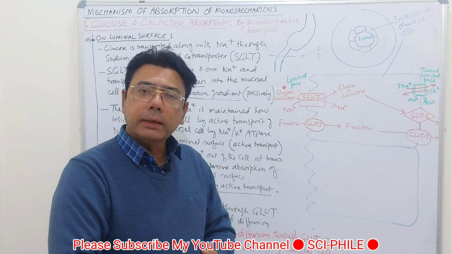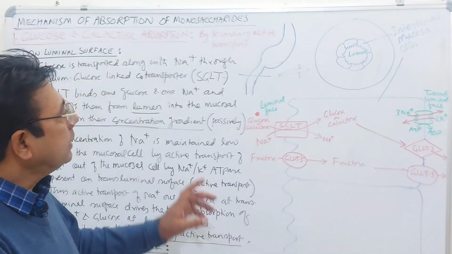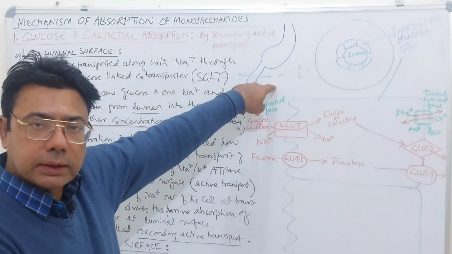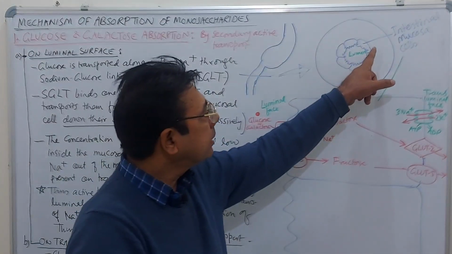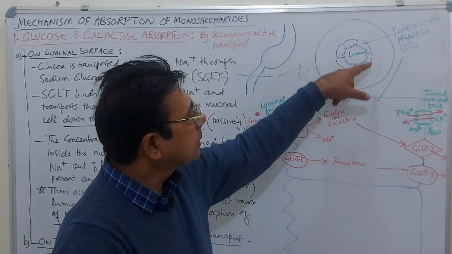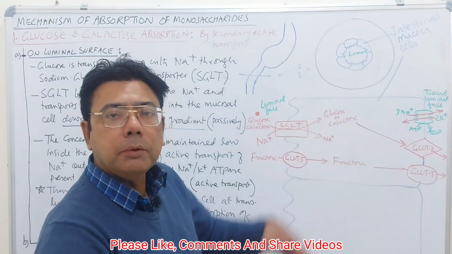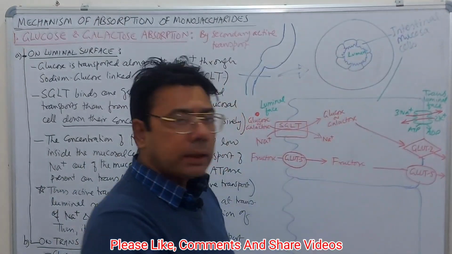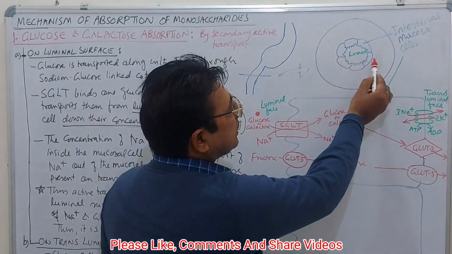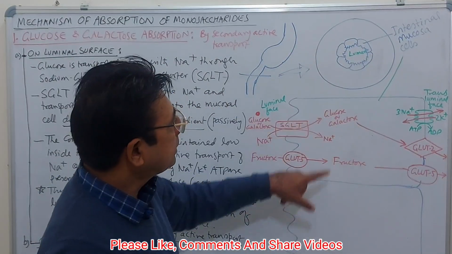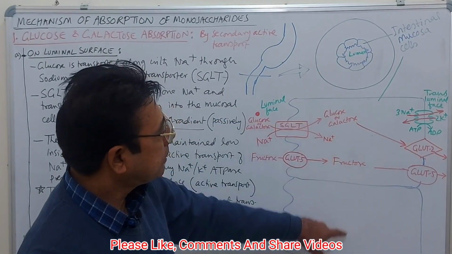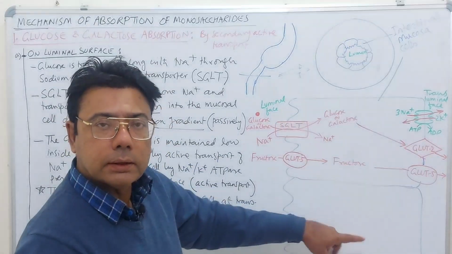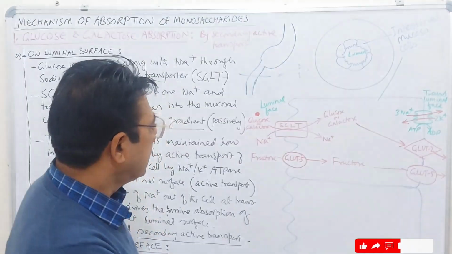Here you see that this is the section of intestine, and in that section of intestine the inner cell layer is called mucosa, and all monosaccharides are absorbed through these mucosal cells. So here I have enlarged these mucosal cells. Here you can see two mucosal cells in highly enlarged view.